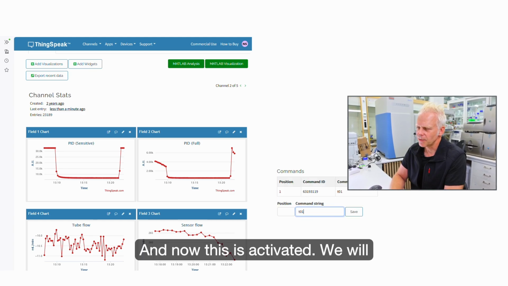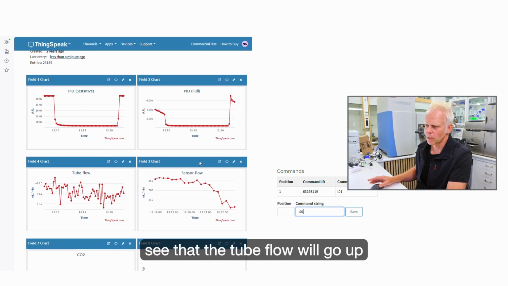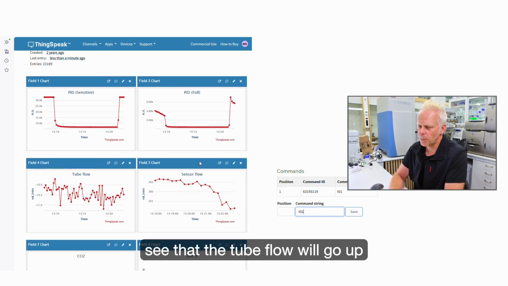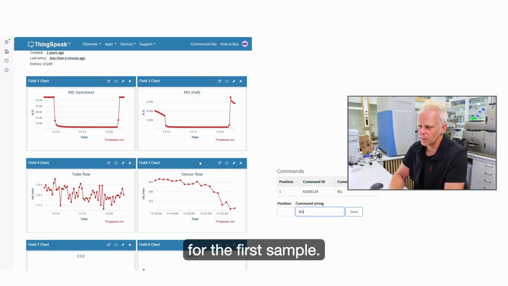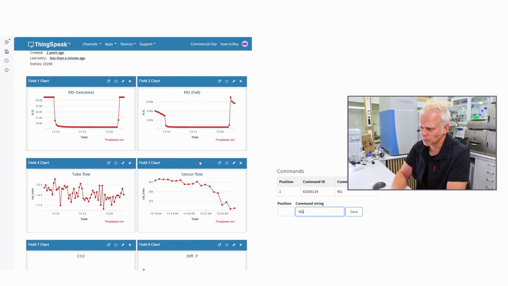And now this is activated. We will see that the tube flow will go up for the first sample. So we just have to wait.